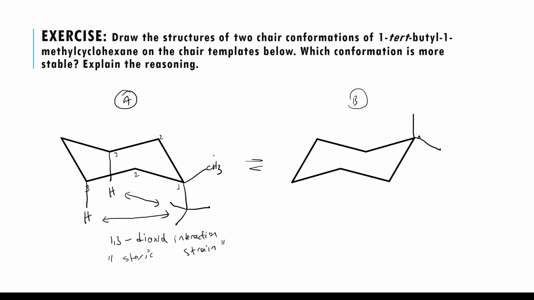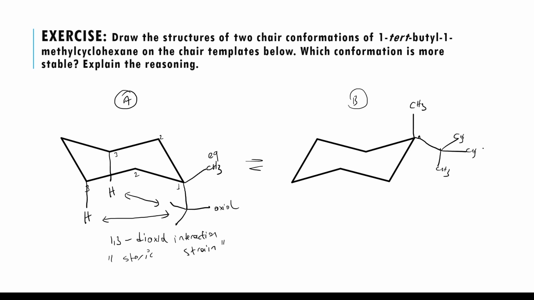Now, before, methyl was in equatorial position, now it should shift to axial position, and the tert-butyl was in the axial position before the flip process. Now it should be in the equatorial position, and I'm drawing tert-butyl like this. We can also specify the methyl groups here, CH3, CH3, and CH3.